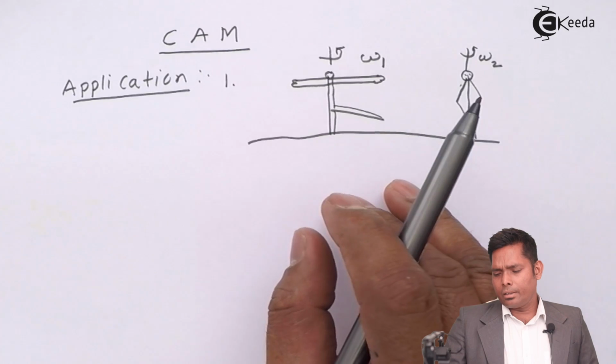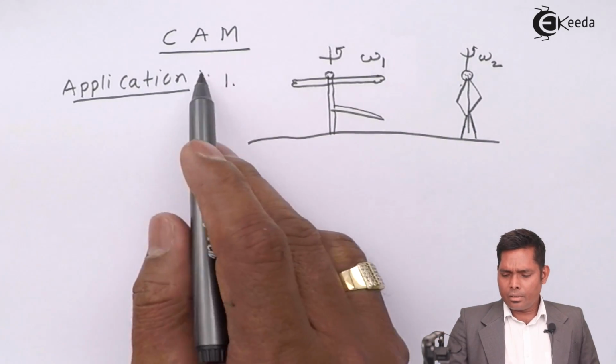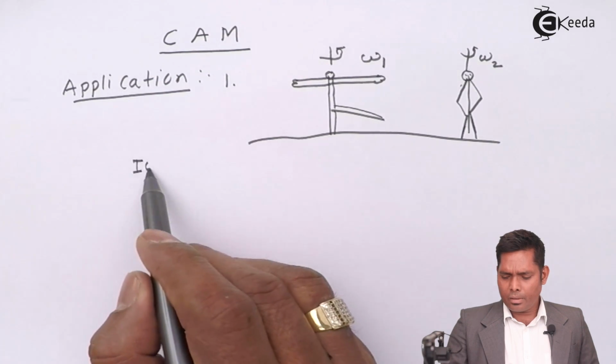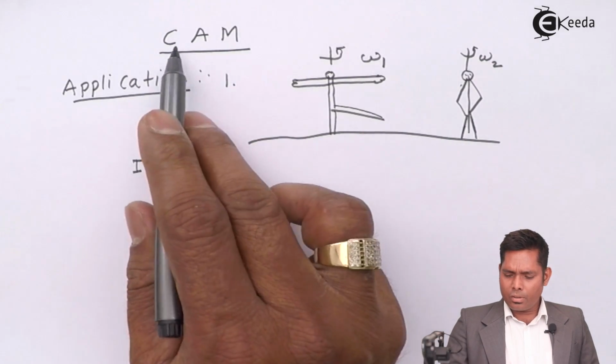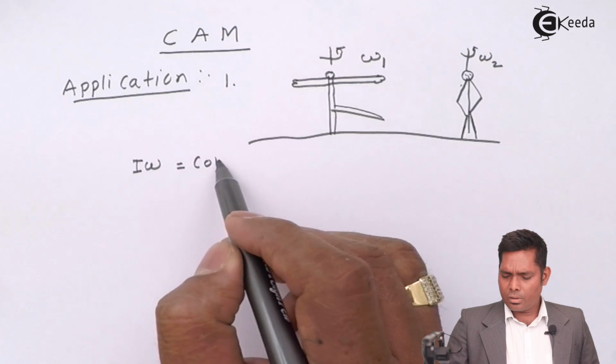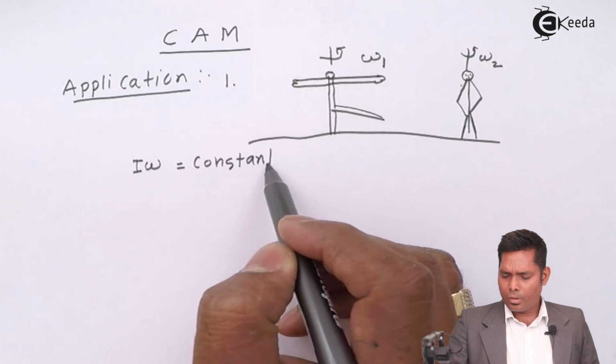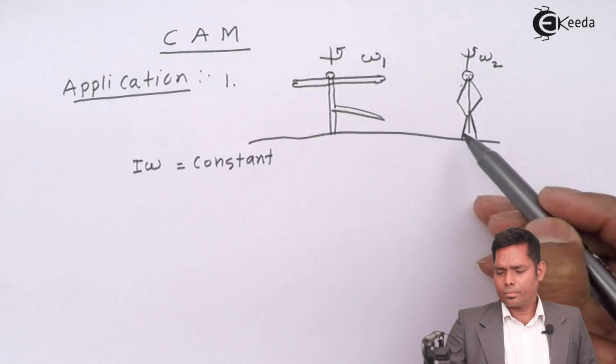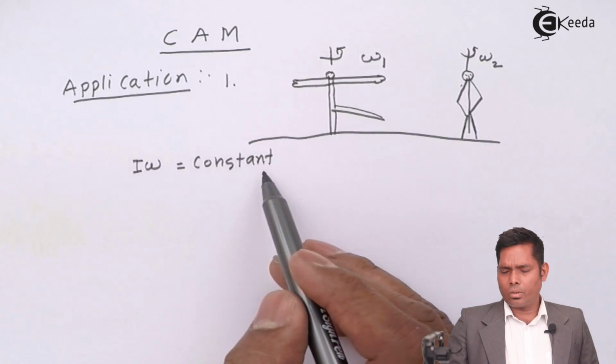To understand that, let us understand what is conservation of angular momentum that we discussed. The formula is I omega. This is based on conservation, that means this is constant. In this system, there is no external torque acting. So I omega has to be constant.